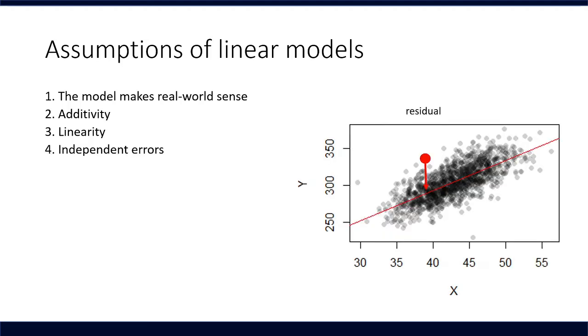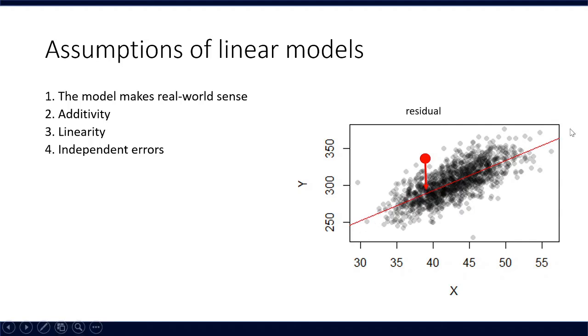Now, the next three assumptions actually all have to do with this concept of a residual. A residual, which can also be known as the errors in the model, is that distance between your real data point and the predicted value for that data point, your model fit, that mu sub i.